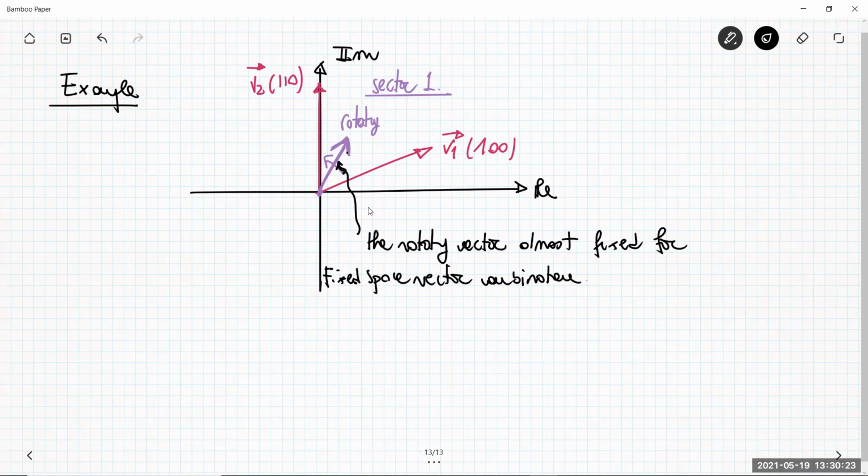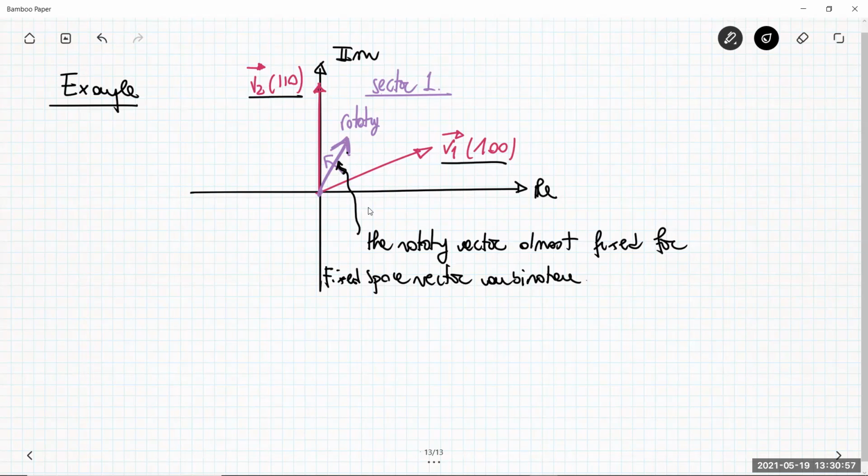The only possibility to synthesize something rotating by using something fixed is that the frequency of this rotating vector is not so huge with respect to the operation that I have to perform. And what is the operation? I have to combine these two vectors in a sort of vectorial summation in order to synthesize something which I am now considering almost fixed.